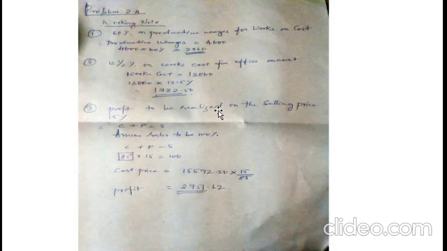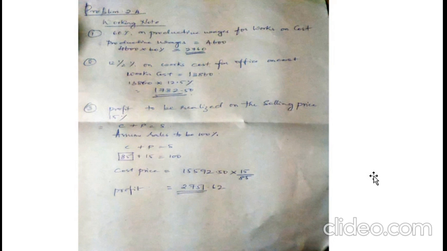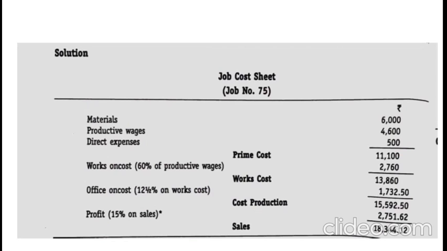Your productive wages as per the question is 4,600, so 60% of it is your calculation. 4,600 into 60% will give you 2,760. That is what you have taken in your problem. So if you look here, works on cost, 60% of productive wages, will give you 2,760.